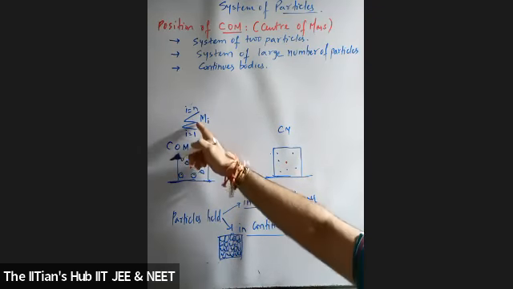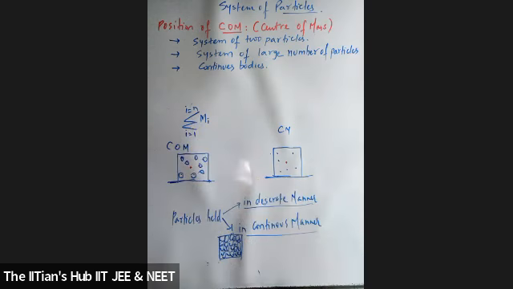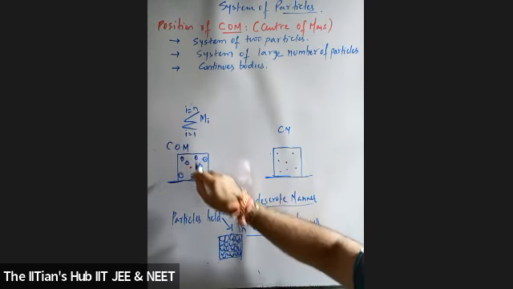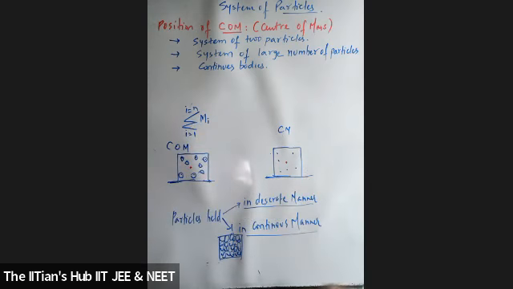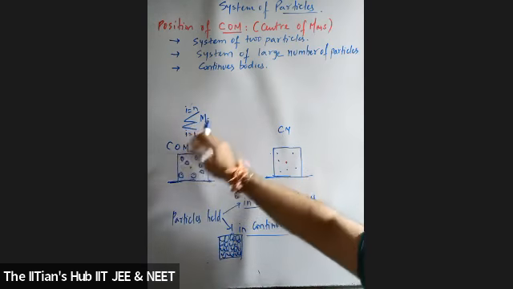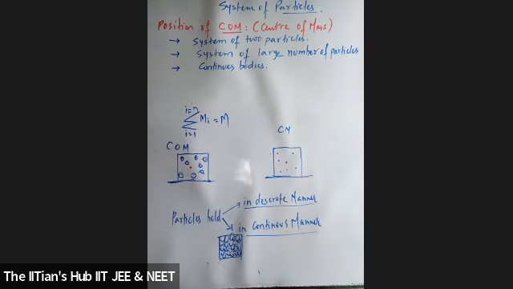Are you getting this, students? This is the algebraic sum of each individual mass. If I add all the masses, and if I go for n number of masses, then I get it equal to capital M.